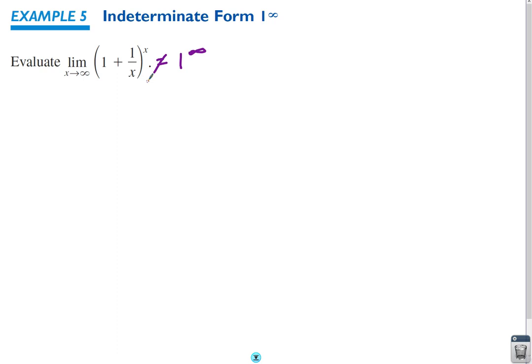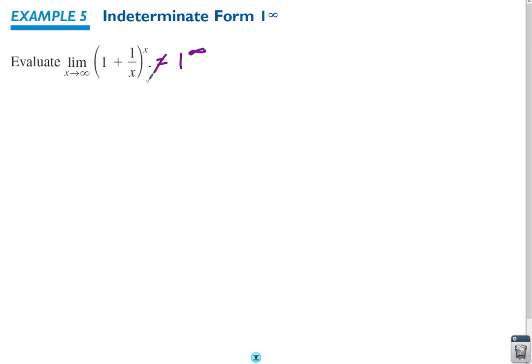This is very similar to what we did back in derivatives where we had to do logarithmic differentiation. I know it's been a little while, but it was something that we did. We're going to do something similar here. So the whole point of a limit is to come up with a y value that your function is approaching as x approaches a specific x value, or in this case as x approaches infinity.